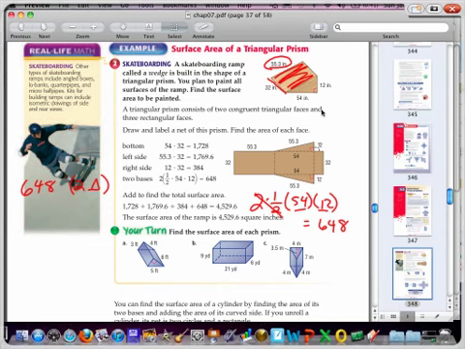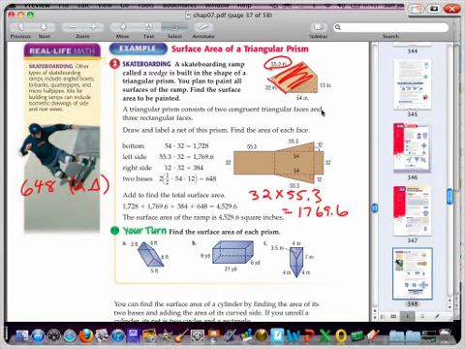So that's going to be 32 times 55.3. Okay? 32 times 55.3 equals 1,769.6.